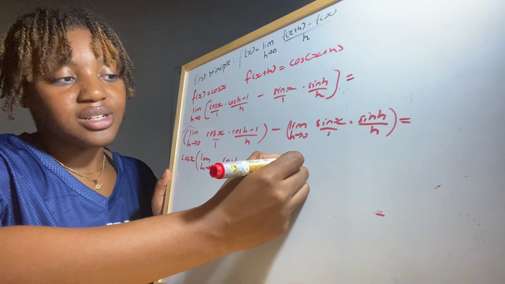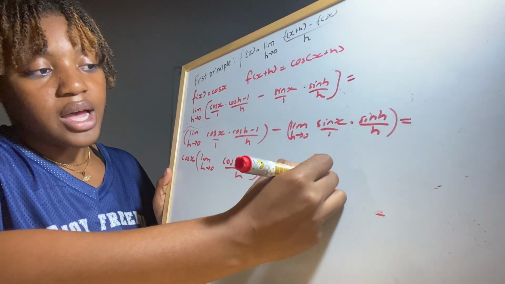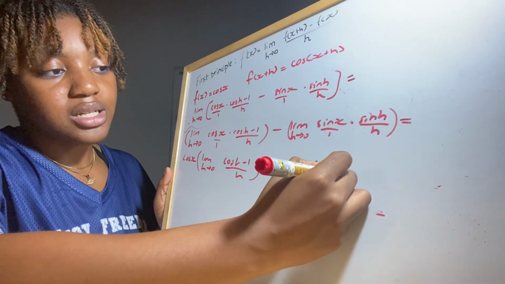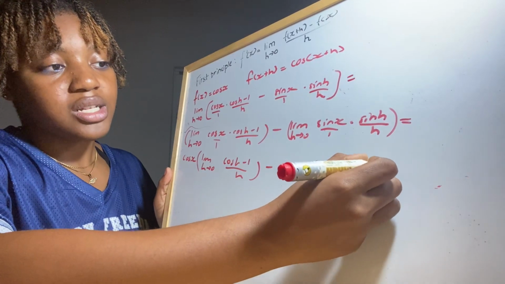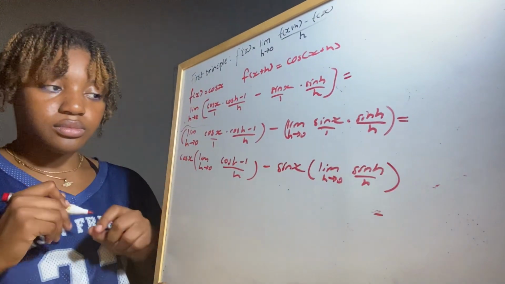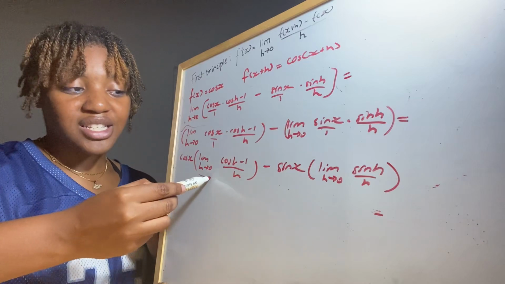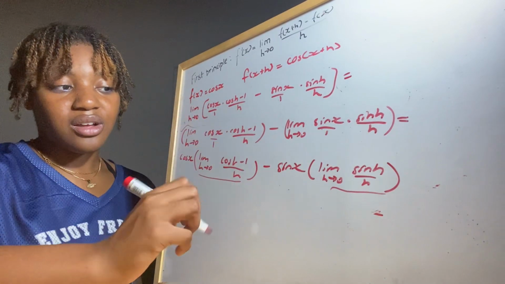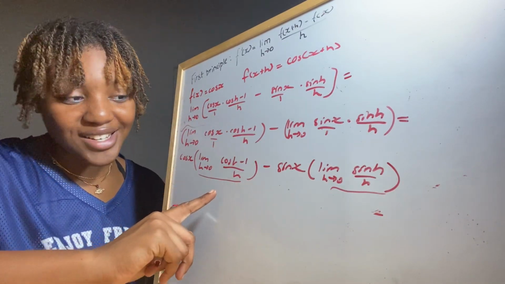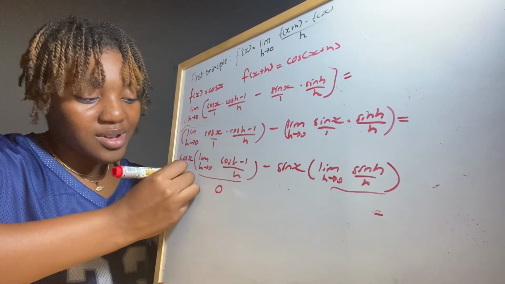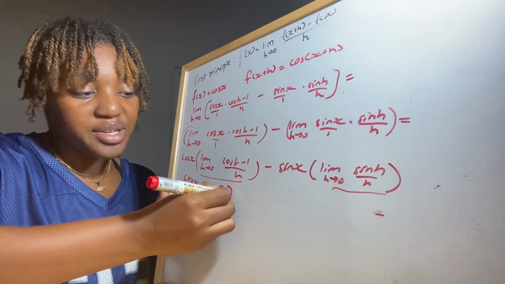So we're going to bring the sine x in front and have a limit as h approaches 0 for sine h over h. So we'll have a special case here and we'll have a special case here. So we know from the special case that this is equal to 0. So we have cos x times 0.